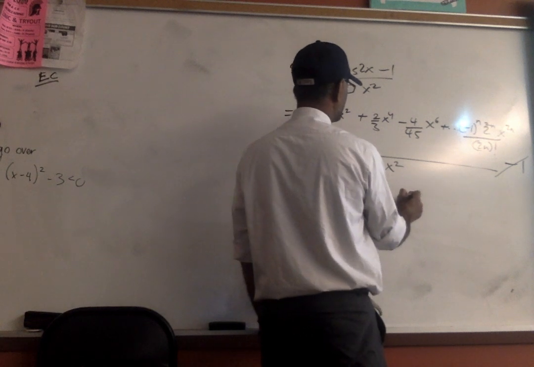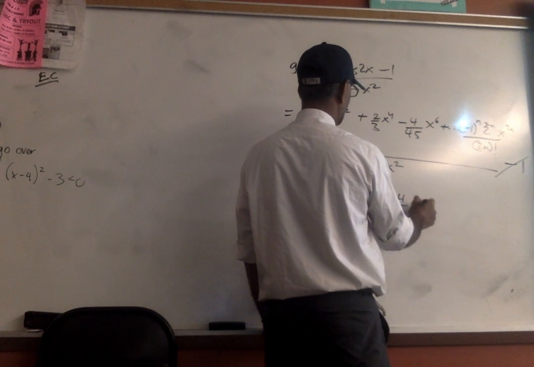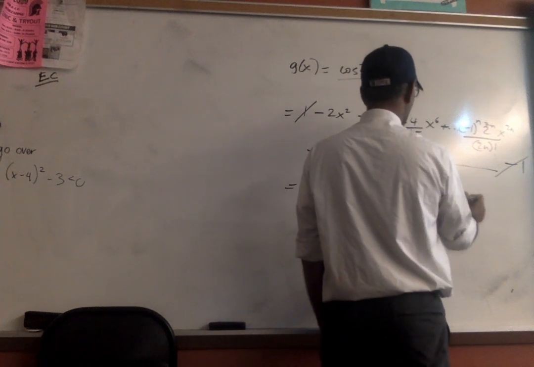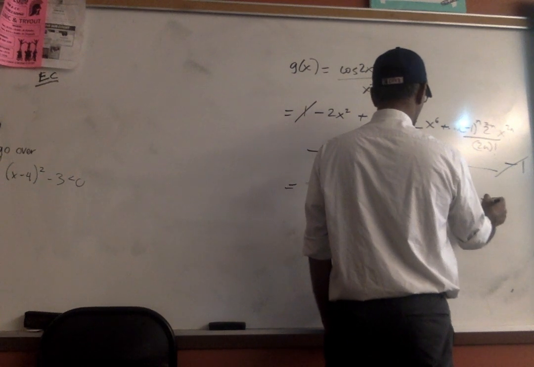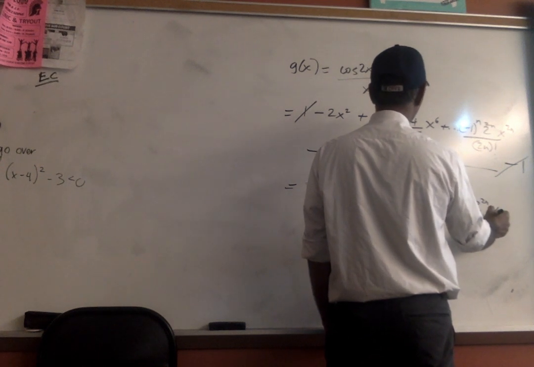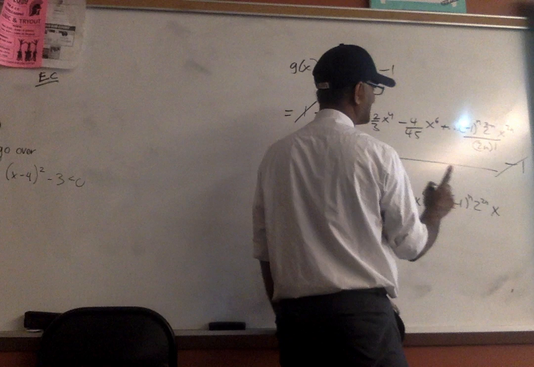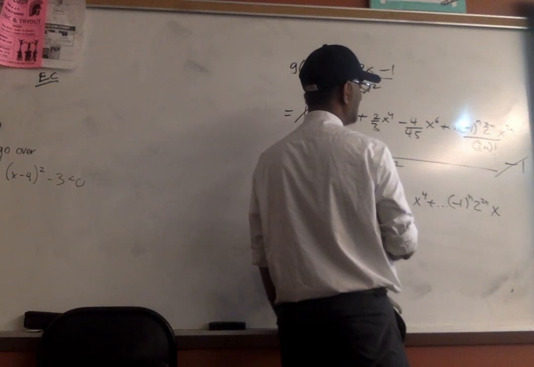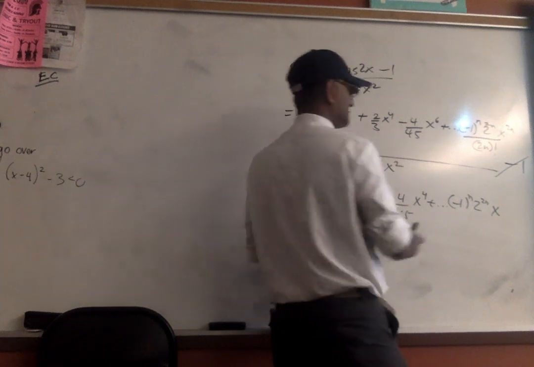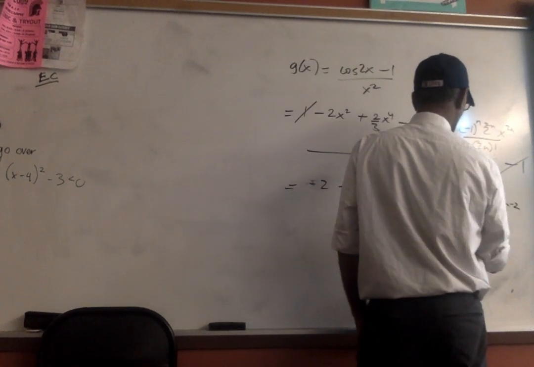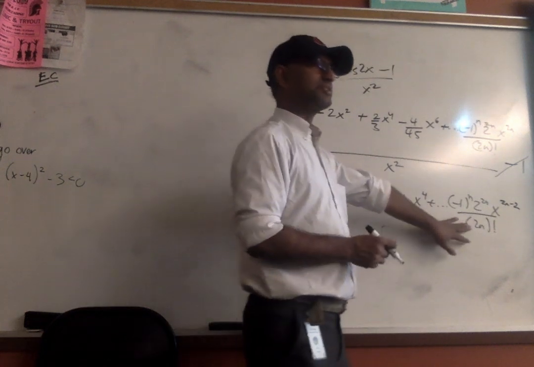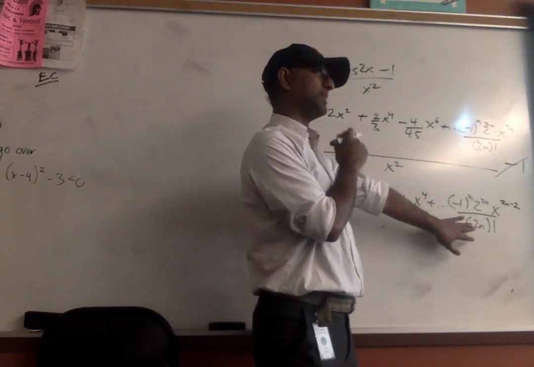The next term will become minus 4/45 x to the power of 4 plus dot dot dot, negative 1 to the power of n, 2 to the power of 2n, x to the power of... I'll give you two options, choose wisely. There are kids in the other class who made a mistake. Is it x to the power of n or x to the power of 2n minus 2? You should subtract powers, over 2n factorial.